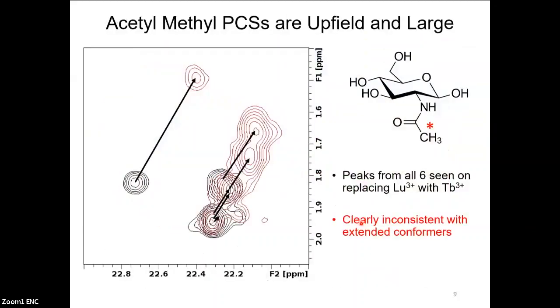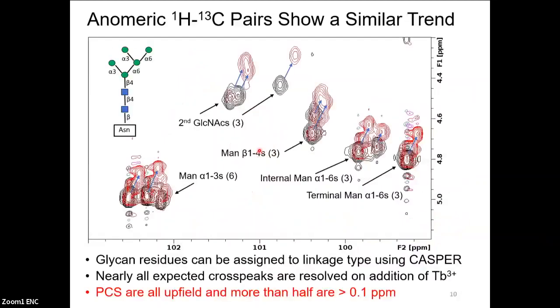And then we go and look at experimental data. This is the N-acetyl methyls for our glucosamines. And you notice we can start with the black and compare lutetium to terbium, and the shifts, excuse me, are out there. But you notice one thing: most of them are rather large, and they are all upfield, all right? Nothing downfield. And the same thing happens if we go over and look at the anomerics.